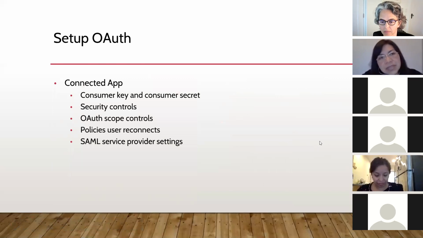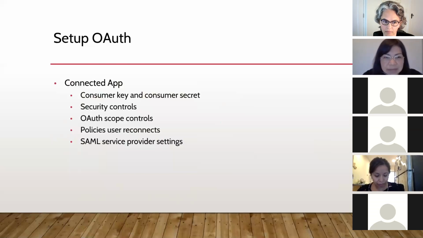And in order to use OAuth with Salesforce, you have to set up a connected app. In here, you define the consumer key and the consumer secret. Well, the connected app generates those for you. You can set up security controls, for example, what kind of information the client that is going to connect can access, the scopes for OAuth, which are related to the type of flow that you're going to use to connect to the server.